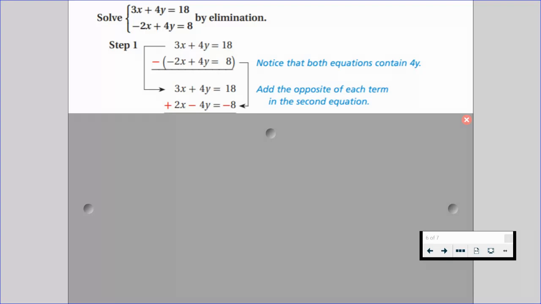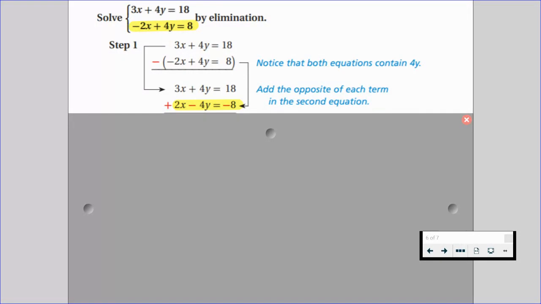Notice that we started with negative 2x plus 4y is equal to 8. We multiplied by negative 1. So now we end up with positive 2x minus 4y is equal to negative 8.